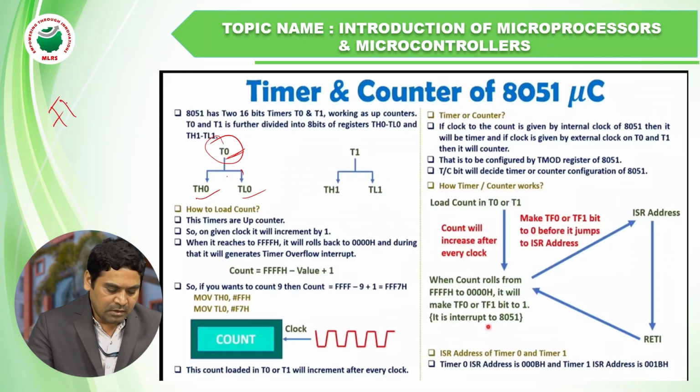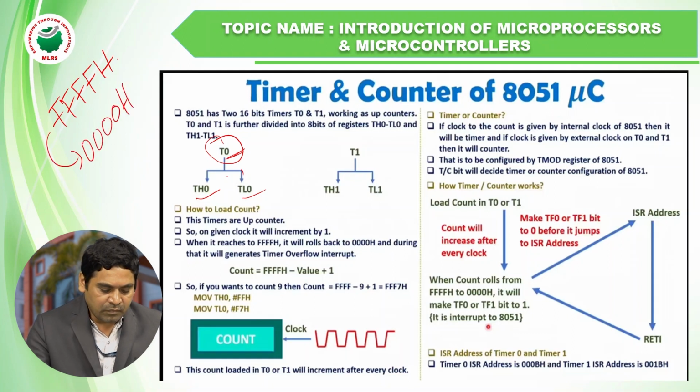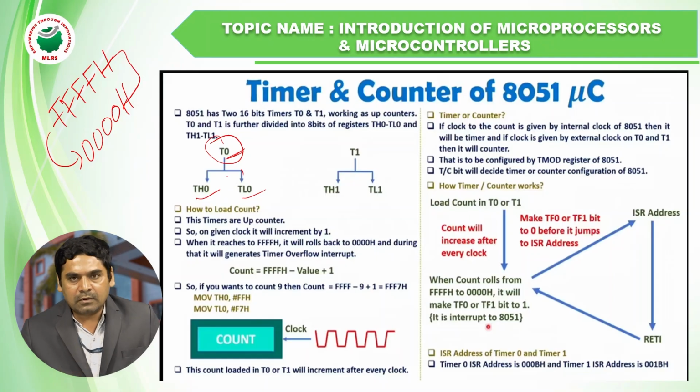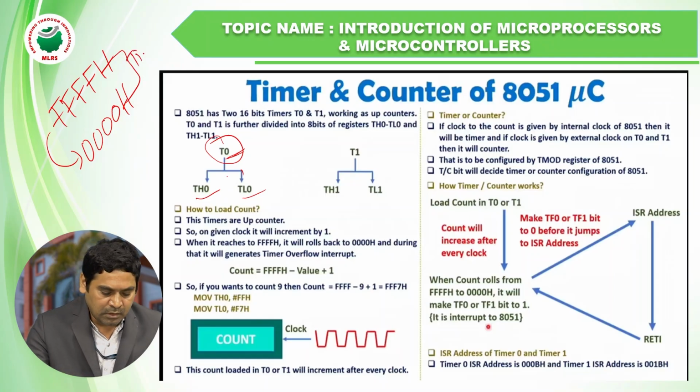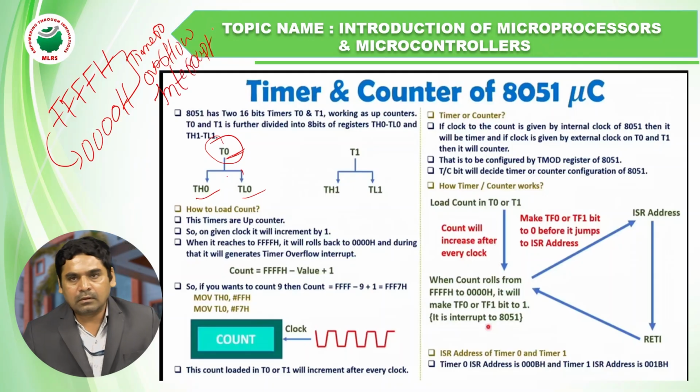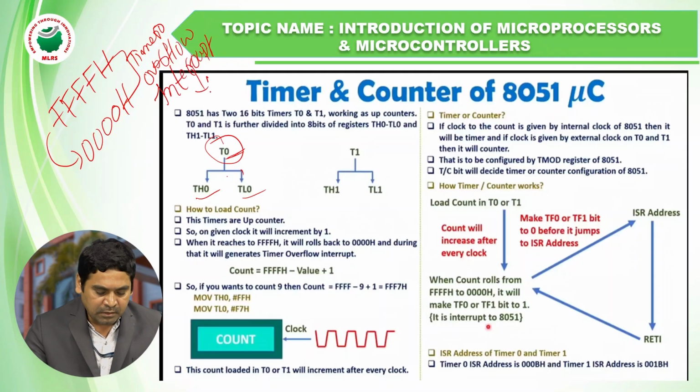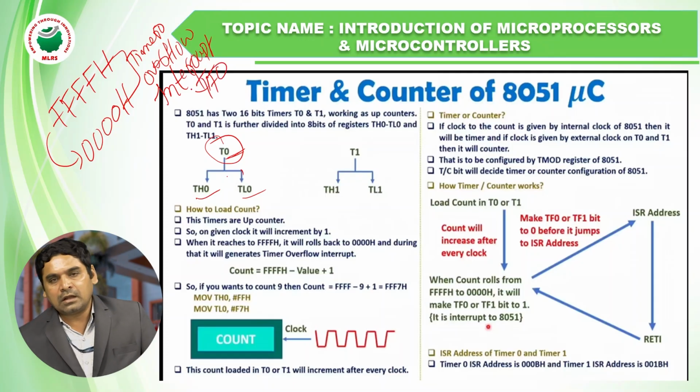When it rolls over from FFFFH to 0000H, the timer 0 interrupt occurs. Here we are talking about the timer 0 overflow interrupt, which is represented by TF0.